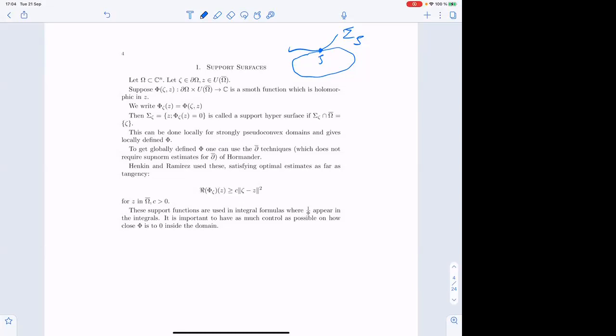Then Henkin and Ramirez used this, satisfying some optimal estimates as far as tangency, namely that the real part of this function, which vanishes on sigma of theta, vanishes at least to second order if z is in the closure of the domain.